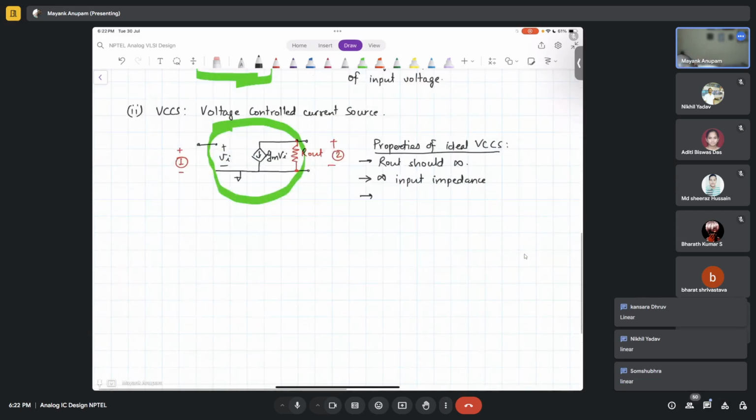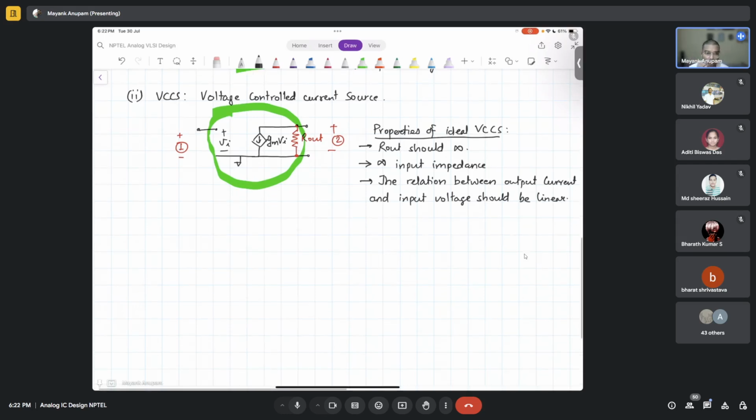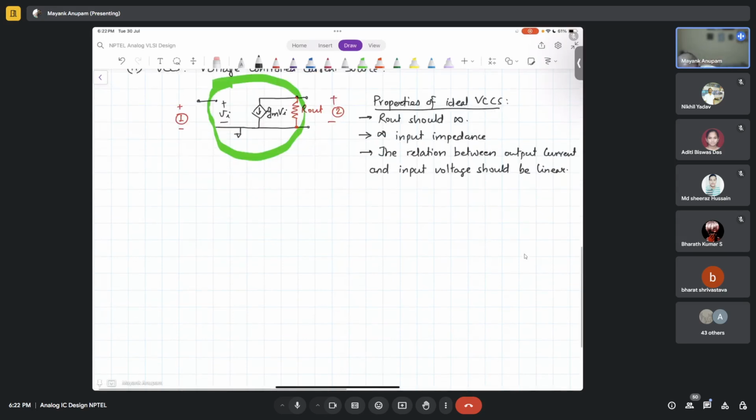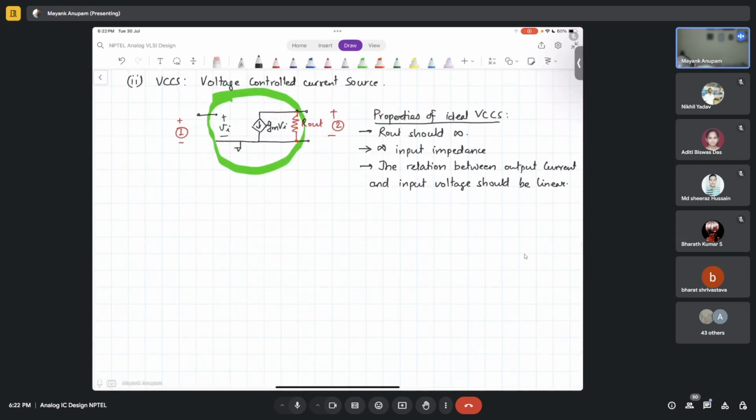So the relation between output current and input voltage should be linear. Okay, good.